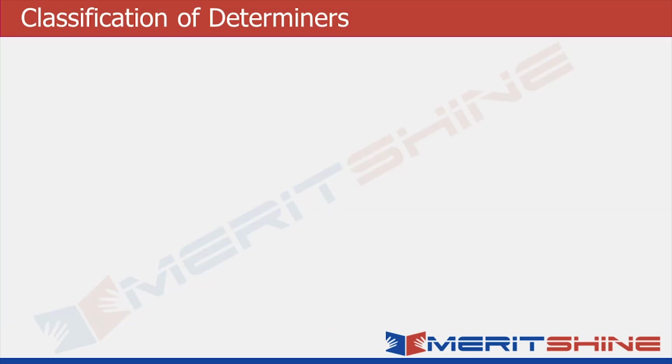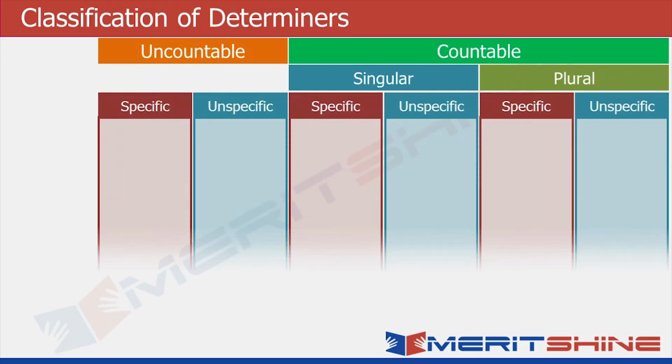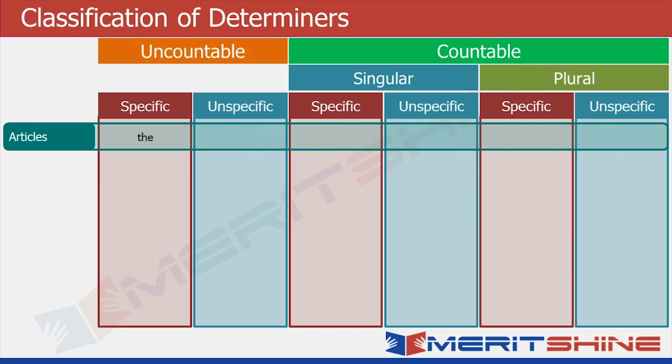Let us look at the classification of determiners based on uncountable and countable nouns. And we will look at further classification as specific and unspecific for the determiners wherever applicable. Let's begin with articles. A or an are used for singular countable nouns in unspecific reference.